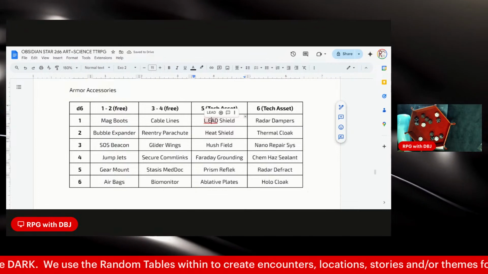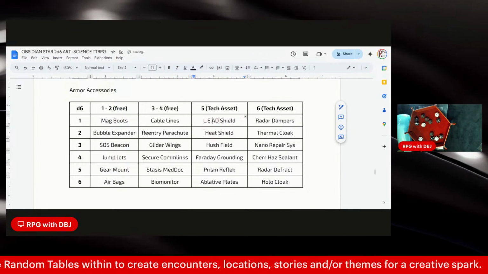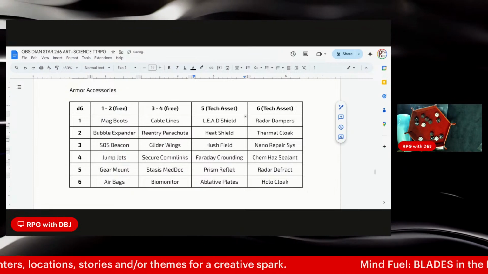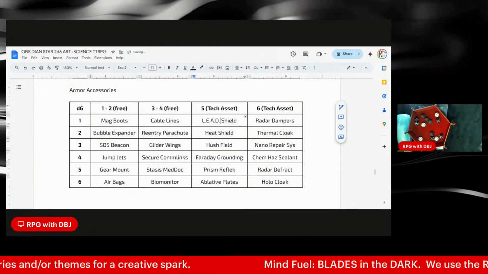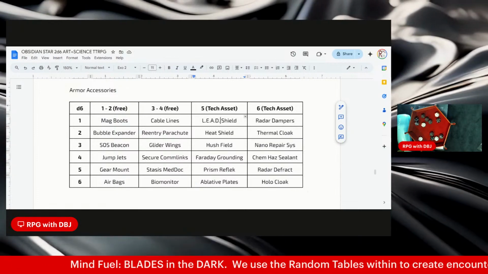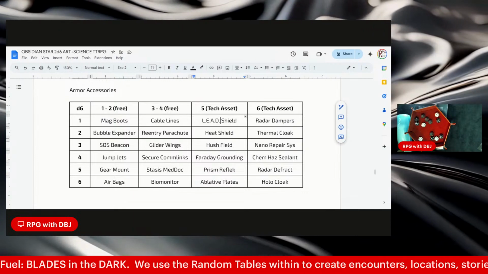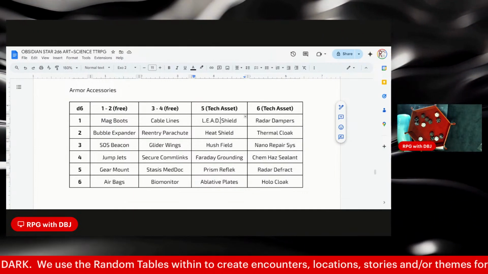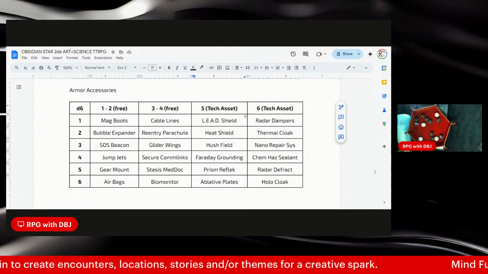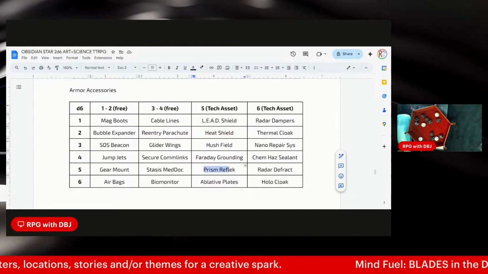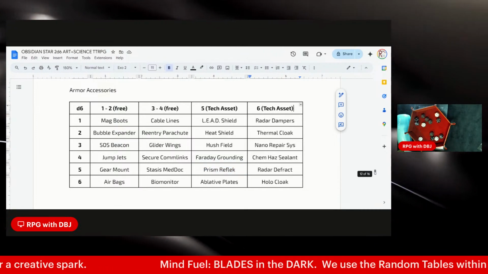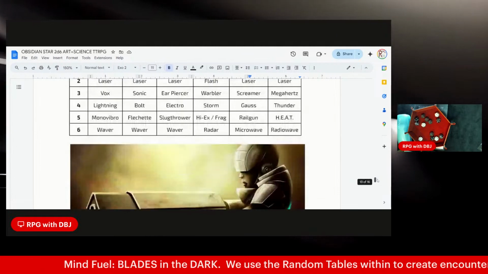Lead shielding for radiation, radar dampers, thermal cloaks, nano repair system, hush fields, Faraday grounding, chem-haz sealant, things like that, radar diffractors, hollow cloaks, ablative plates, blah blah blah, prism reflect, things like that. So these are some random tables, but let me see if I have some more flavorful ones.